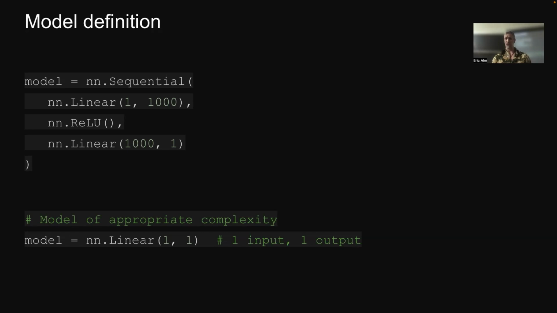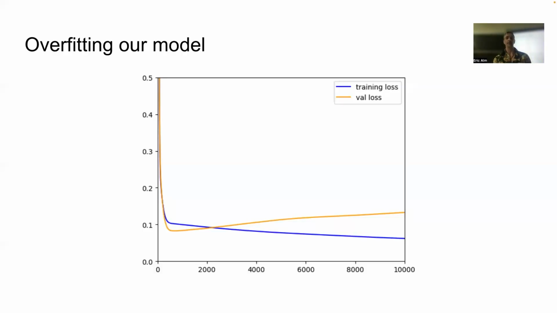It would just be a linear layer with one input, one output. That model is going to have two parameters: our y-intercept, or bias term, and one weight, which would be our slope. But let's say, a priori, we don't know what the internal structure of the model is. So we're going to fit it with a model that has way too many parameters and is way too powerful, and then see what happens.